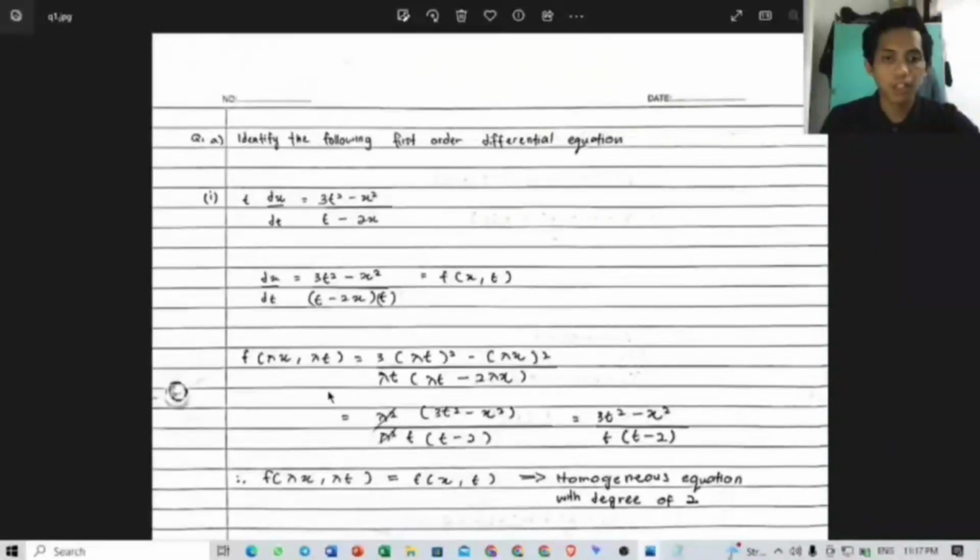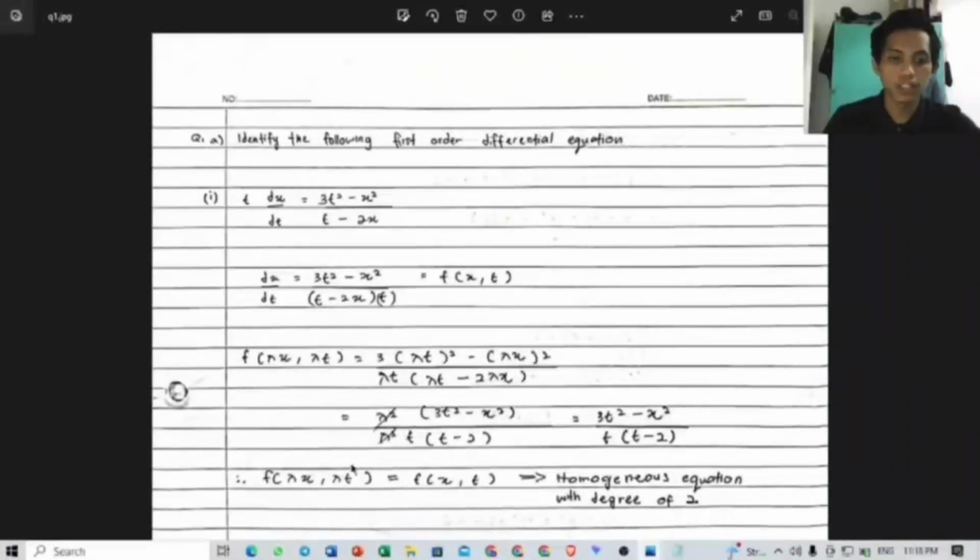So for f(x,t), we must include x and t with lambda, so it will come here, and the question will become like this. Then we must separate lambda from the question, and it will become lambda to the power of 2, and this also to the power of 2.